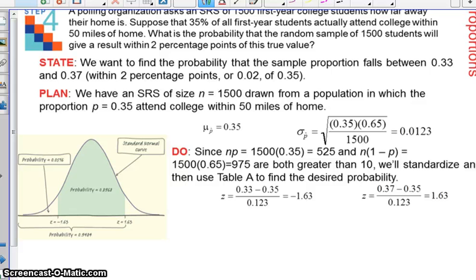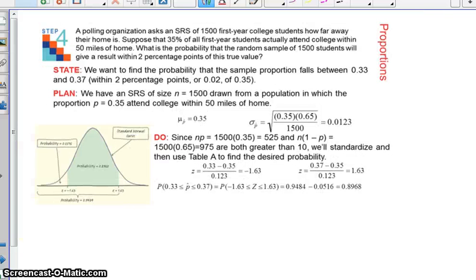So I can either calculate using my z-scores, which if you need to look at this a little closer, you can pause this. And they come up with your value here, 0.8968.